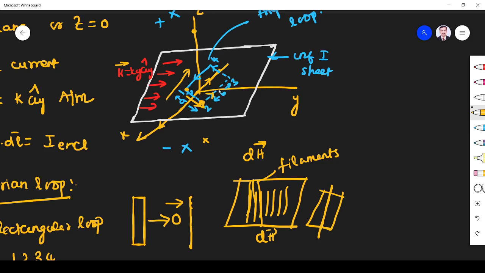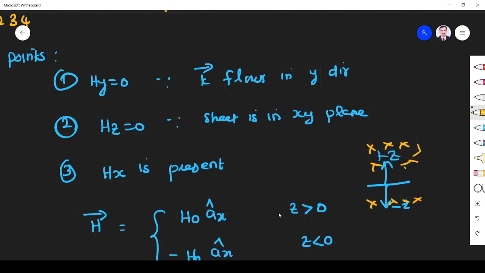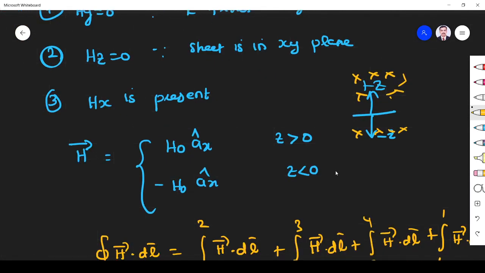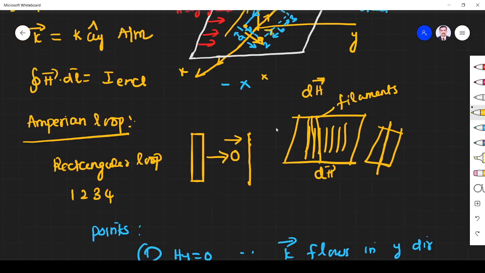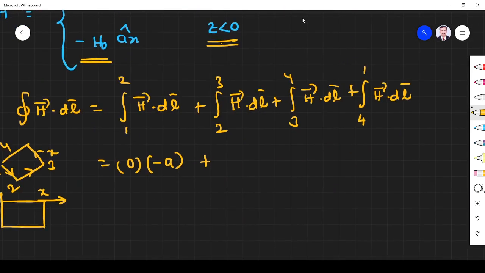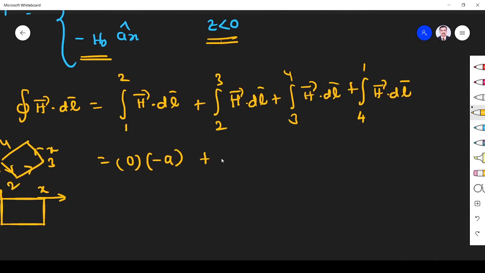Moreover, it is below the sheet, which is what I have mentioned. Below the sheet, the x component of the magnetic field is minus H naught, because Z is less than 0. So H is minus H naught and the length is minus b.